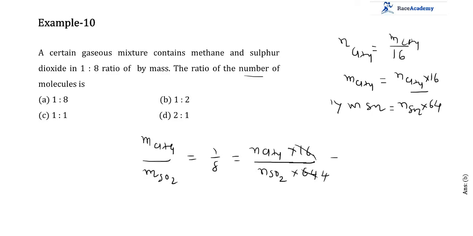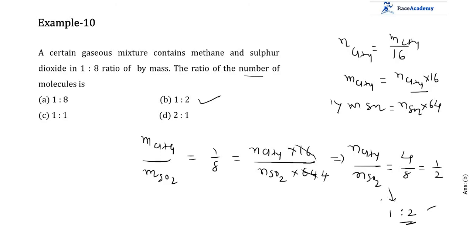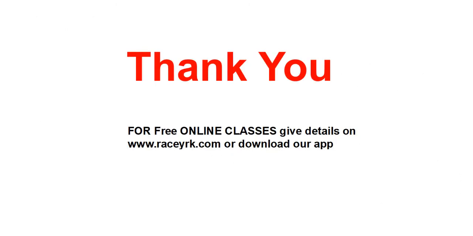So number of moles of methane by number of moles of SO2 is 4 by 8, which is 1 by 2. Therefore, the ratio of number of molecules is 1:2. So B option is the right option for this question.